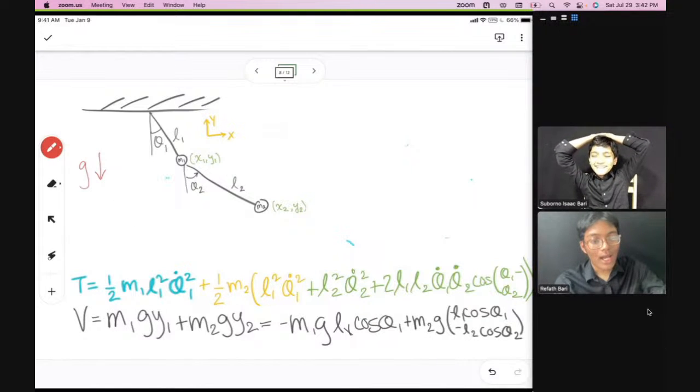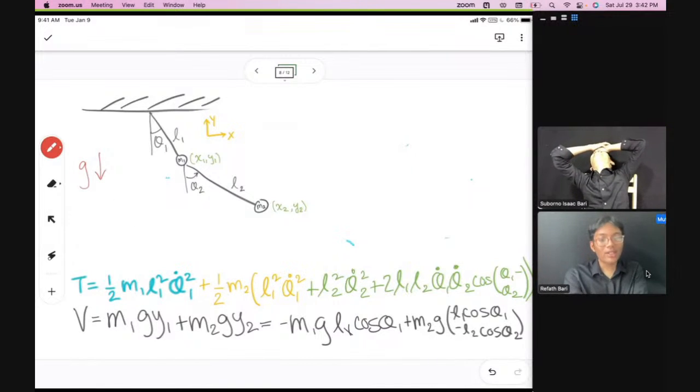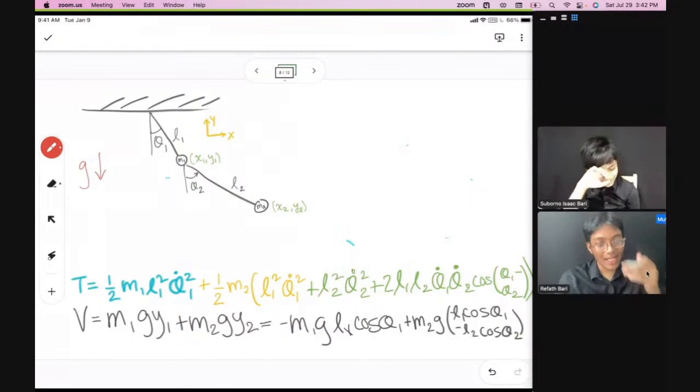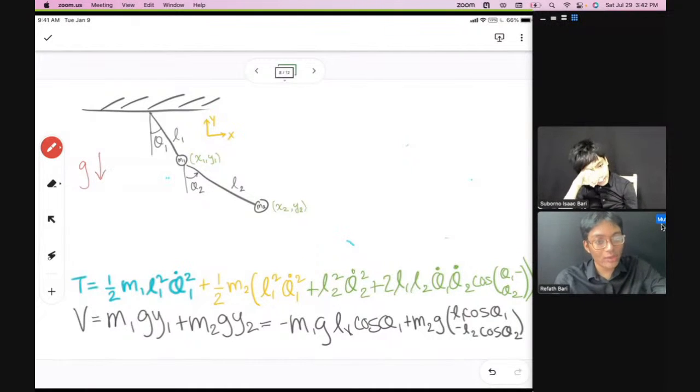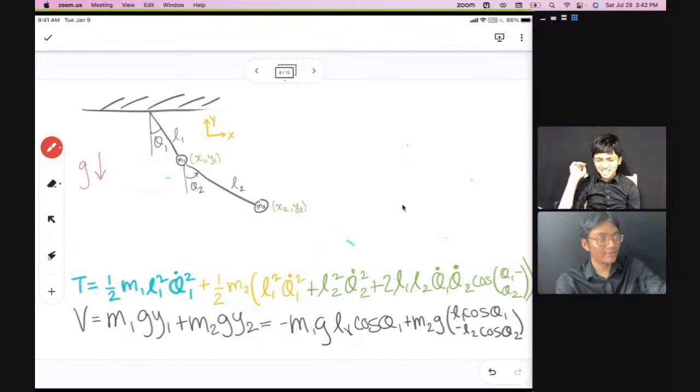Okay, so guest, you tell us what the Lagrangian is going to be. That's our final step. Tell us what the full Lagrangian is going to be for the double pendulum. Go ahead.